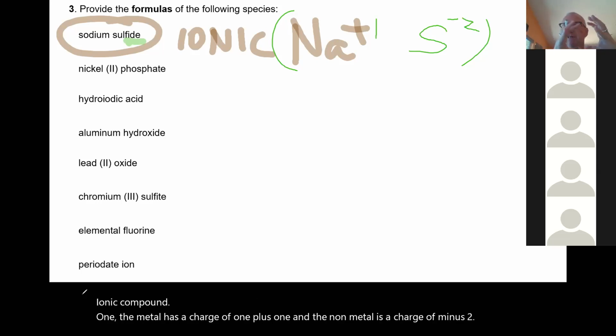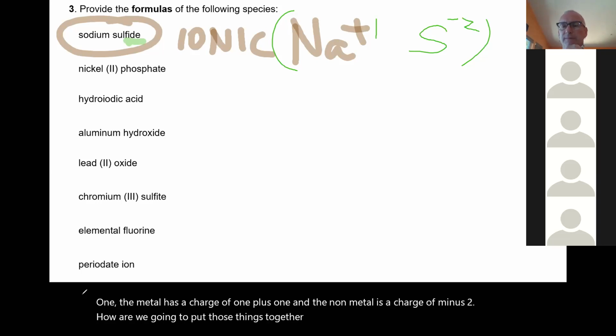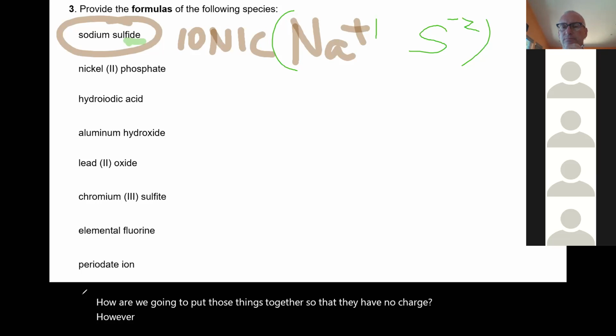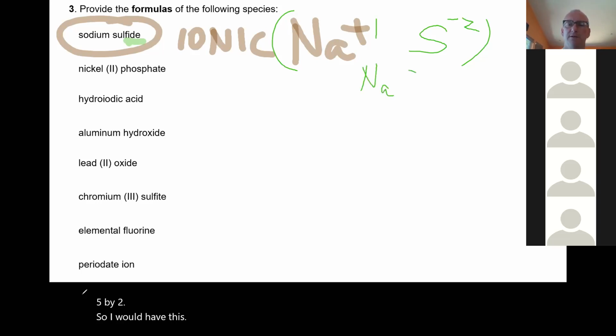How are we going to put those things together so that they have no charge? So the sodium you have to multiply by 2. So I would have this, NaS2. Is that what I'd have? No, just the Na.